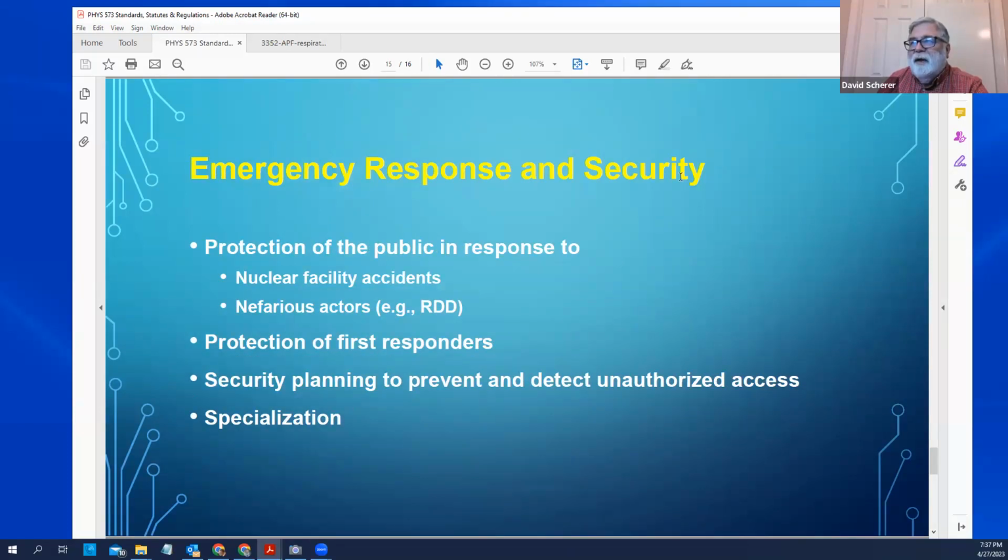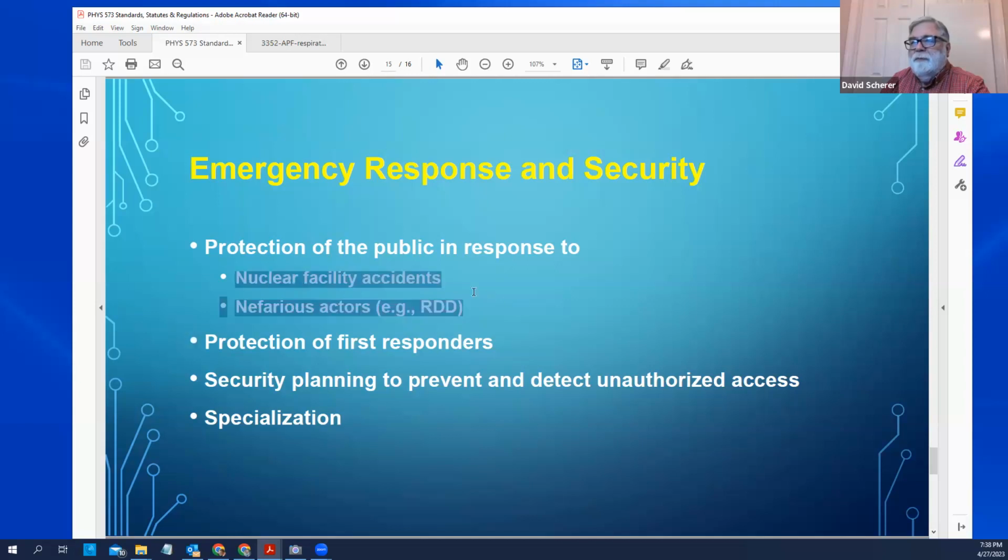Emergency response and security is another area where health physicists work. A number of government employees are prepared to respond in the case of an emergency, to provide protection for the public, to monitor dangerous or off-normal situations, and advise the public what they should do to protect themselves.